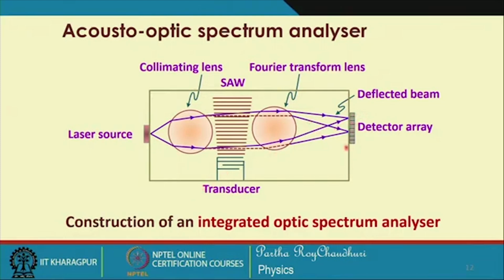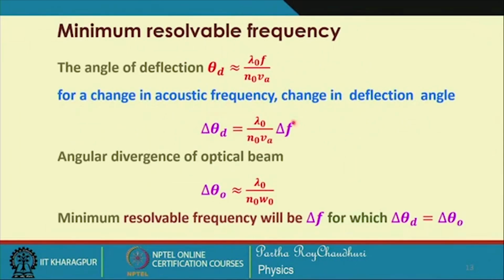Therefore, looking at the position of the deflected spot on the detector, we can calibrate and make a one to one correspondence of the acoustic frequency with the detected spot. So, that is the basic principle.